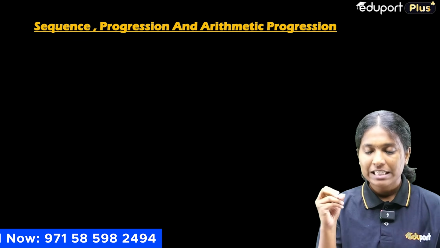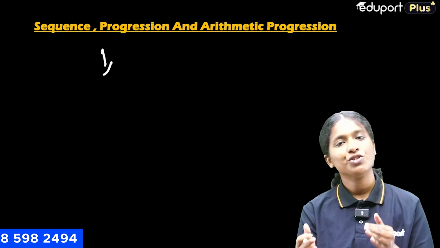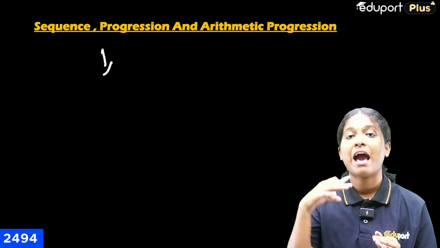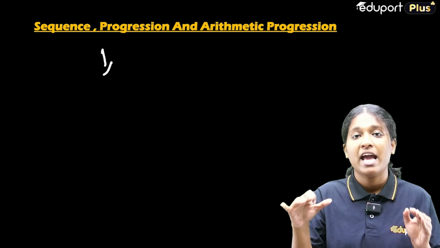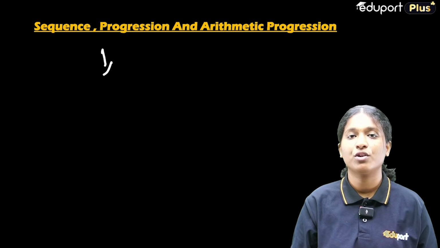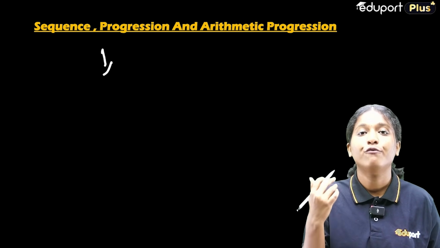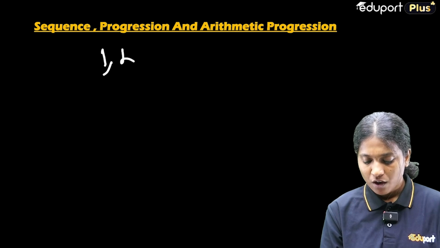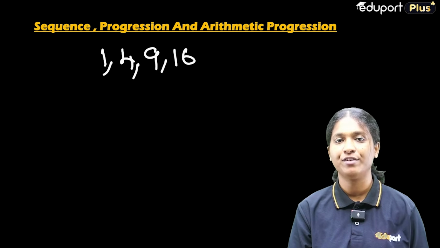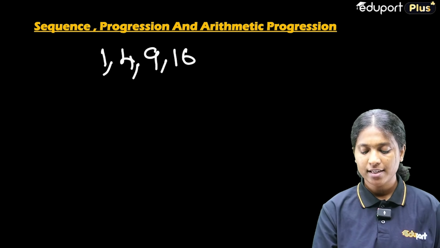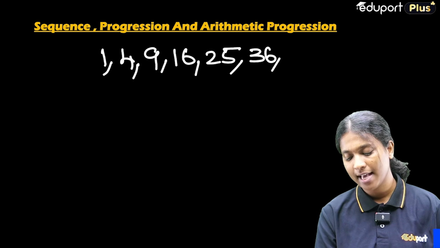Now, what is a progression? A progression is also a sequence, a highly structured sequence where every term can be expressed using a mathematical formula. Take 1, 4, 9, 16, the same sequence that we discussed. You can guess the next number is 25, then 36, and so on.